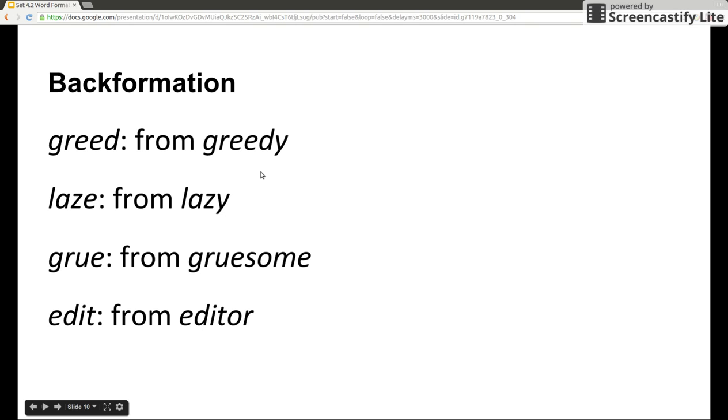However, actually, this is not a correct analysis. However, people just suppose this y is a morpheme for adjective. So we do this analysis, then we got a back formation process. Greed is derived from greedy.